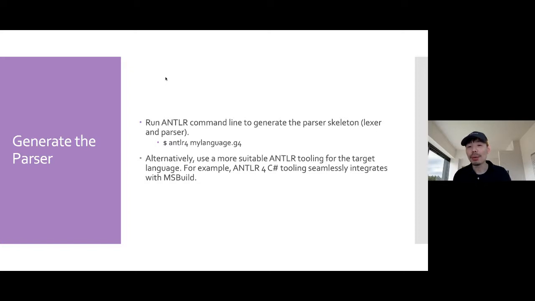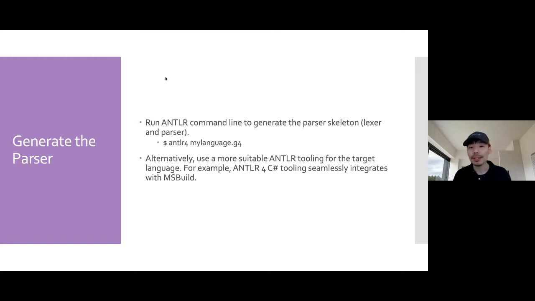Since ANTLR is a generic parser engine, it can generate the target source code of your parser in many programming languages. So for the same grammar file, we can generate either C# code or Java code or C++ code or Python code. So it's quite flexible for you to define your parser.